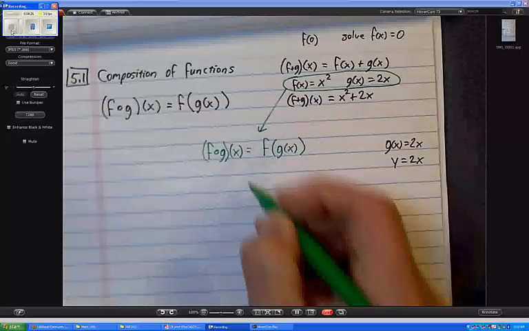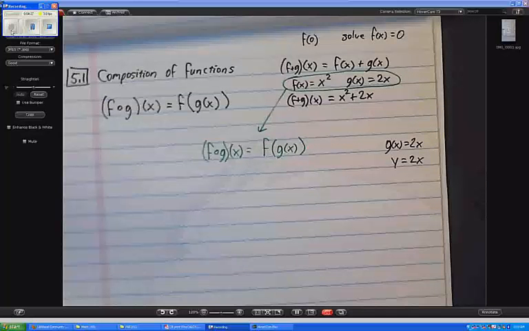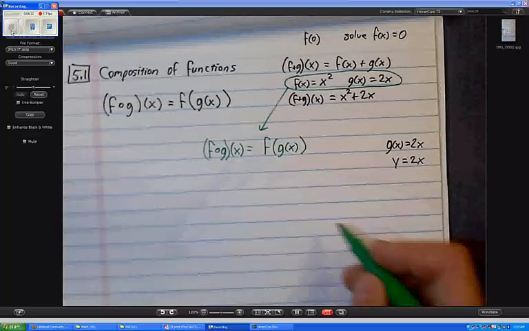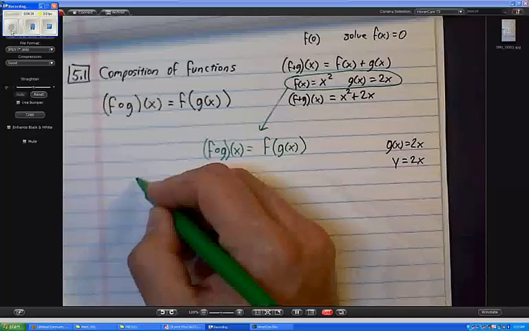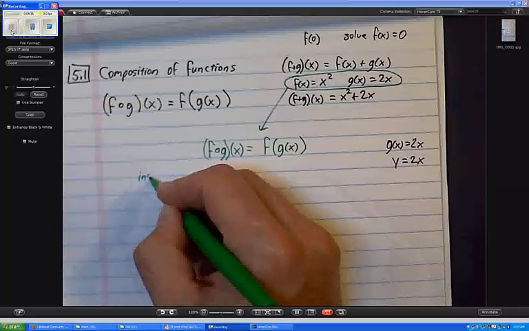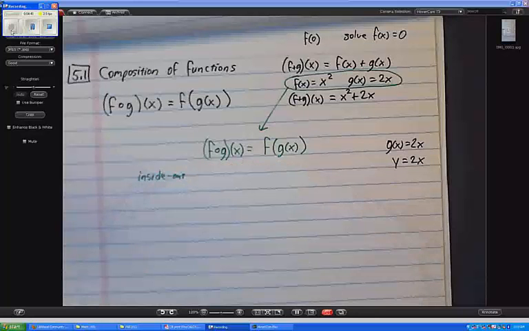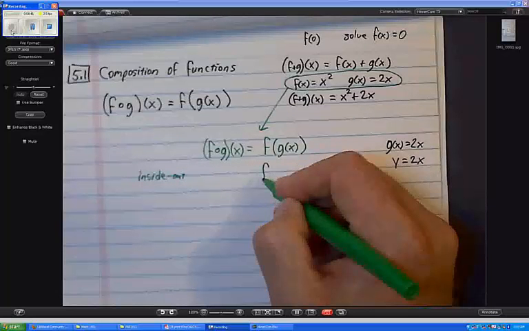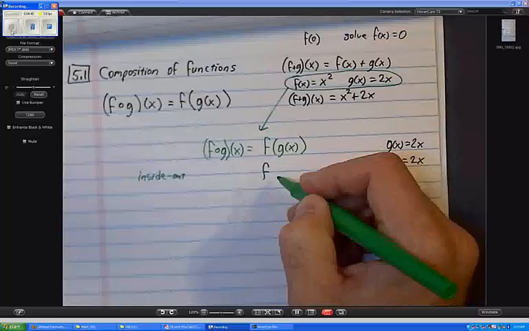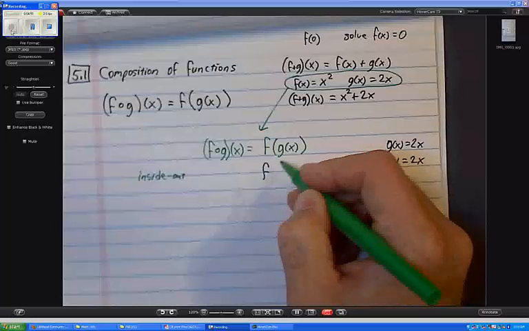And I guess you have to figure out, how do you want to do this? One approach is what our author calls inside out. Let's worry about the inside and then figure out what happens with the outside. So what would you call the inner function? The inner function is g of x, right? So what I'm going to evaluate is f of 2x.